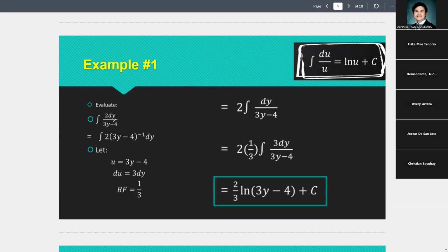However, as you can see, we don't have 3 in our numerator, but we do have 2.